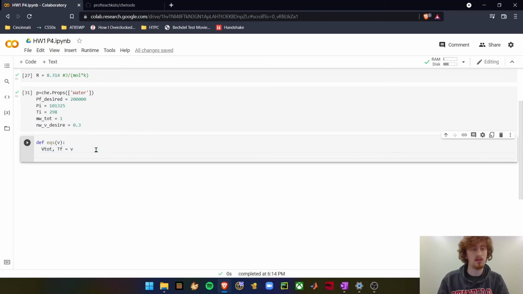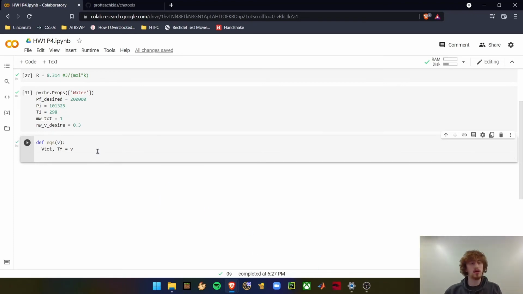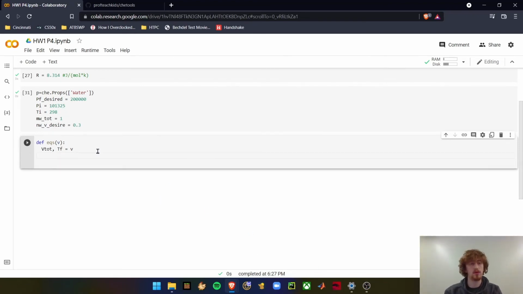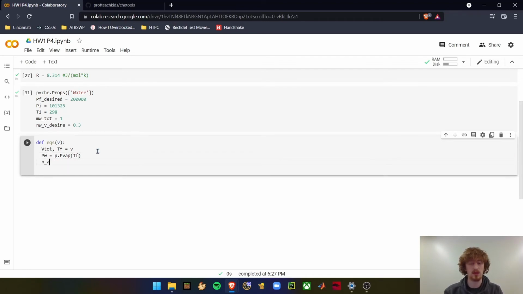And we can start putting in some of our equations. We know the pressure of the water is going to be equal to the vapor pressure at our final temperature. We also know that we can express the number of moles of air as the expanded function that we did earlier.